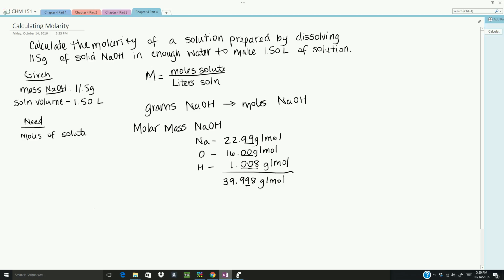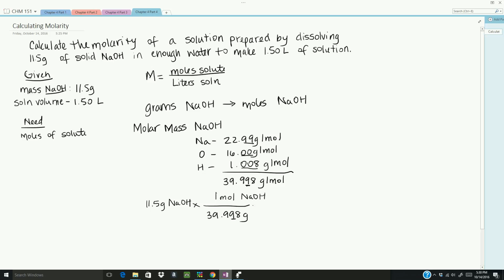Okay, so now we can use our molar mass to convert from grams to moles. Our mass of sodium hydroxide is 11.5 grams times, there is 39.998 grams for every 1 mole of sodium hydroxide.